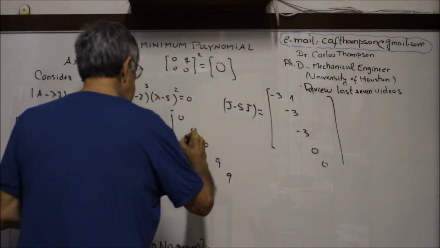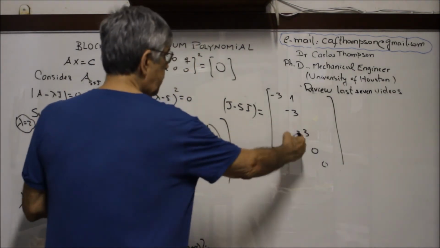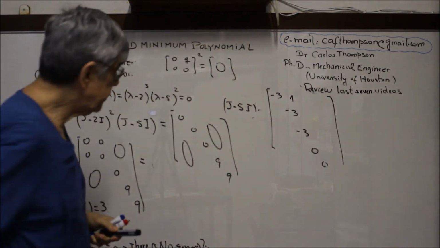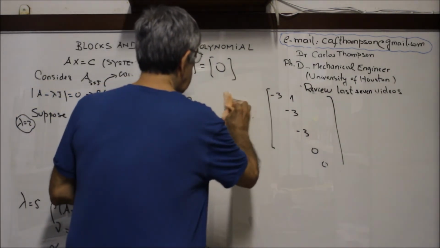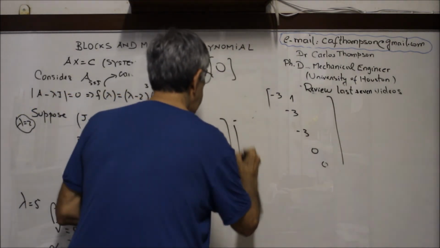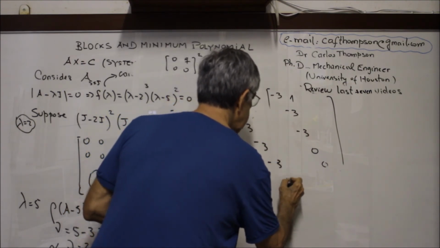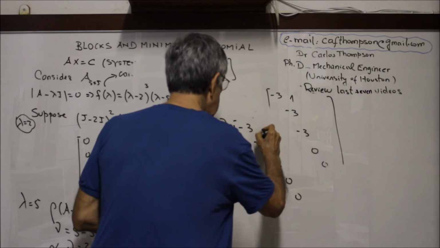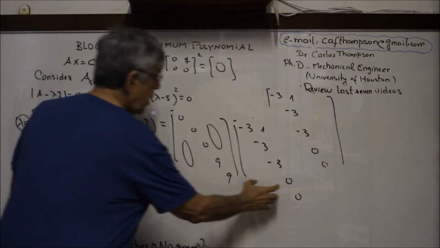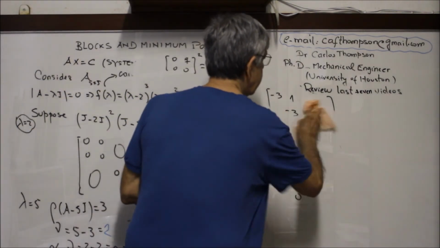Now, it is 0 here and 0 there. Times, now I put this matrix here: minus 3, minus 3, minus 3, 0, and 0, and this is my 1 over here. This is J minus 5I, which is there. Now, let's see.